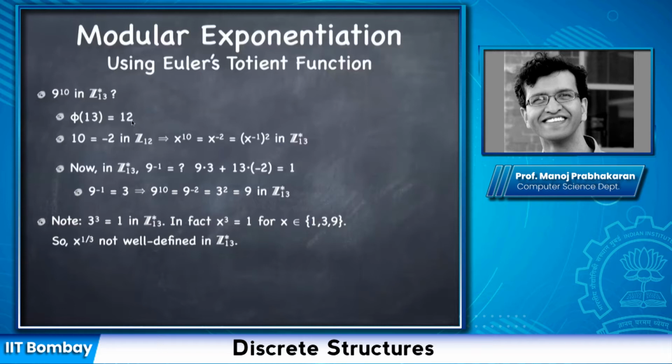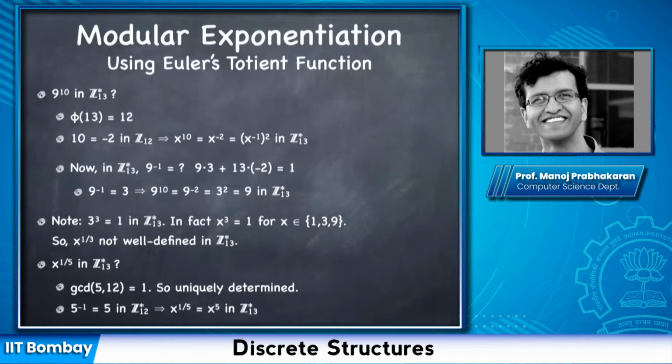So what we discussed in the previous slide of taking the eth root does not apply for e equal to 3 and m equal to 13. How about, say, the fifth root? Well, in this case, yes, 5 and 12 are co-prime, so it is uniquely determined. So all you need to do is find the multiplicative inverse of 5 modulo 12.